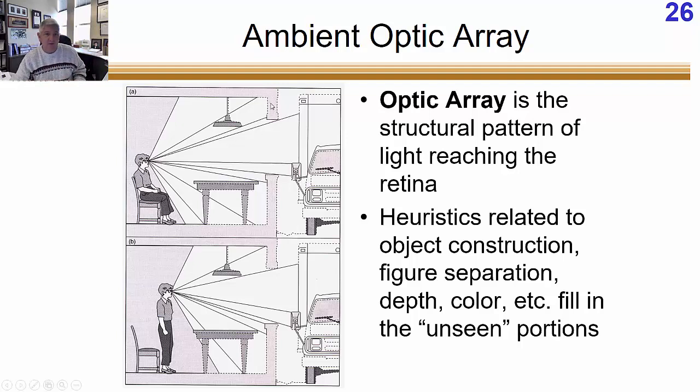I have a heuristic that there's going to be a square angle here and that this isn't a rounded curved ceiling, even though I can't see that. And as we move, we use movement to fill in. If we have a heuristic that we don't really know the answer to, if we stand up, then we can change our optic array to fill in those parts.